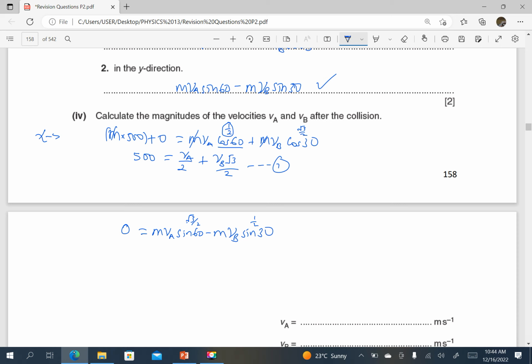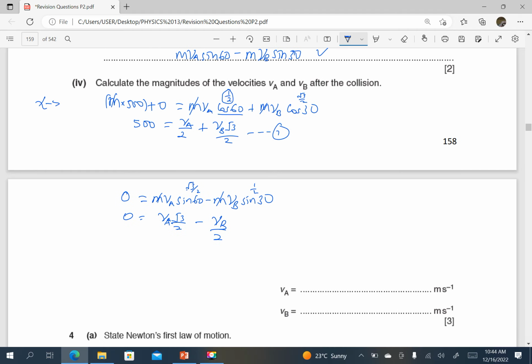So I will have 0 equaling VA root 3 over 2 minus, m has cancelled out because it's a common factor, and the other side it is 0, so minus VB divided by 2, because sine 30 is a half.